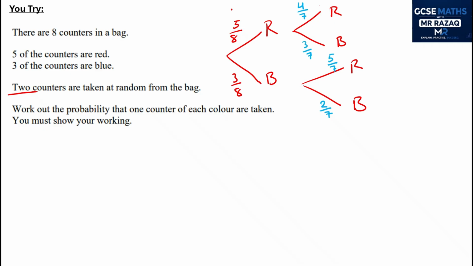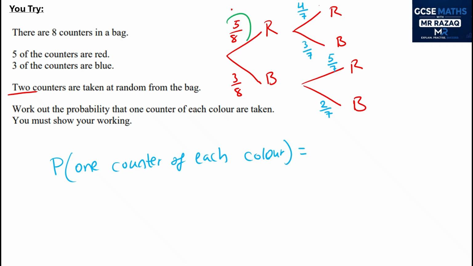Let's work out the probability that 1 counter of each color is taken. So the probability of 1 counter of each color is equal to, if it's red, then it must be blue.